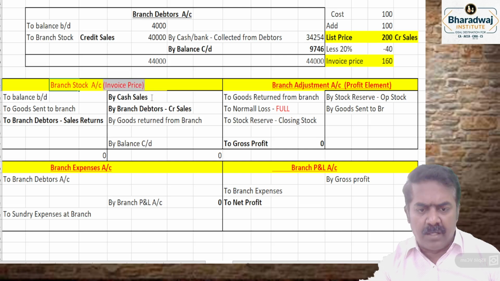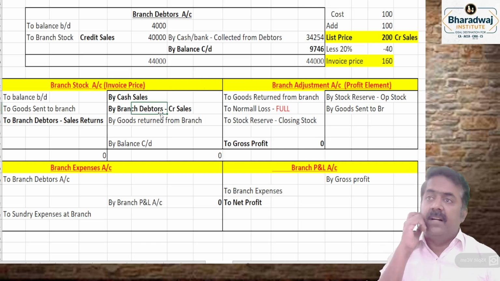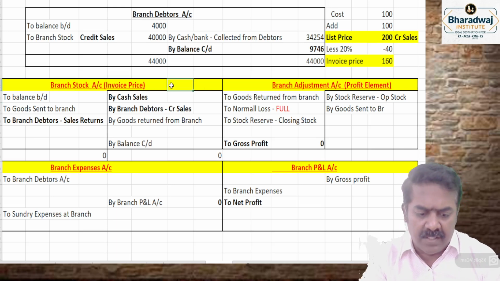Please remember, stock account is maintained at what price? Invoice price. Stock account is maintained at invoice price. That is 116.